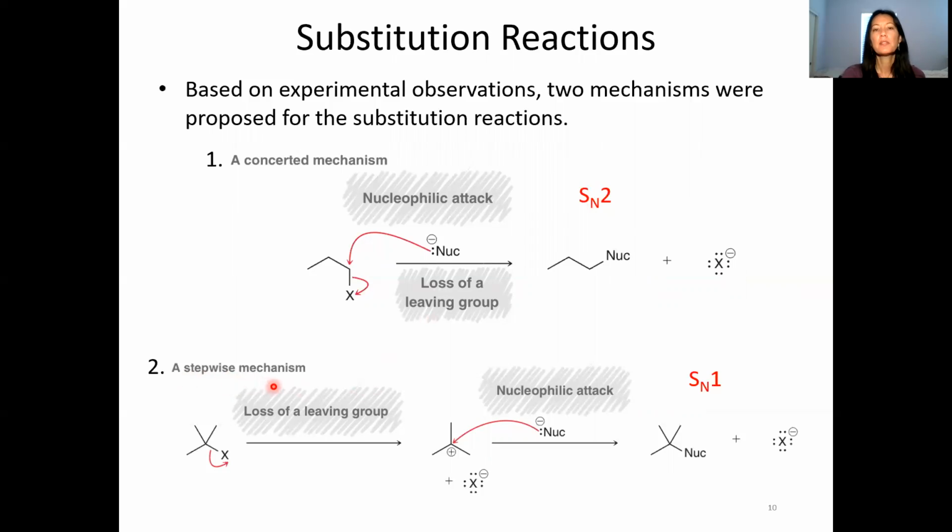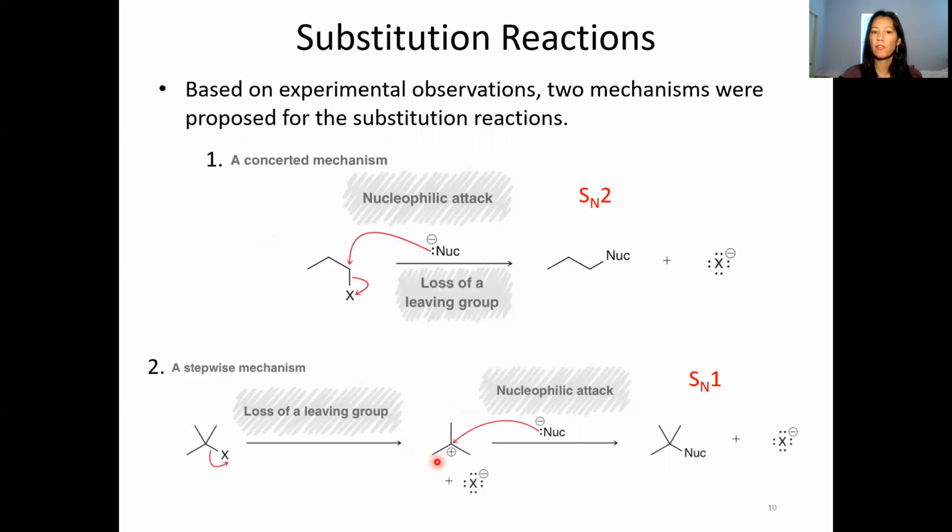The next mechanism is stepwise. This is where having a good leaving group and having a substrate that can stabilize the carbocation is good for this pathway. So basically, in the first step, your leaving group leaves to give the free carbocation and your halide or your tosylate. This is a completely different mechanism than the SN2. In the SN2, you don't involve a carbocation.